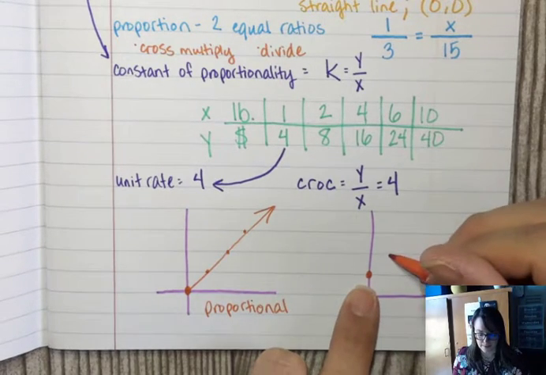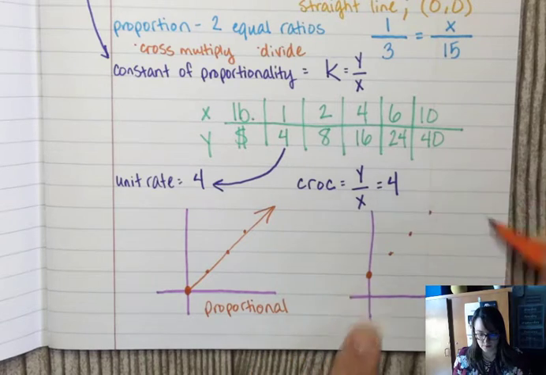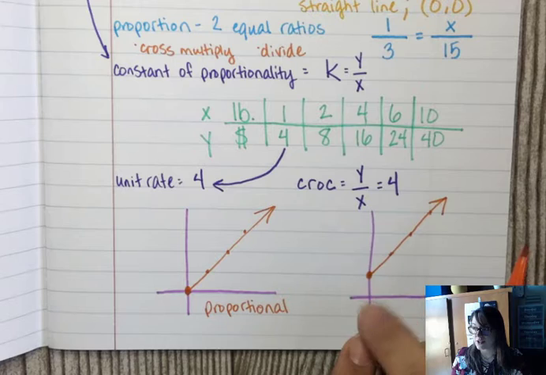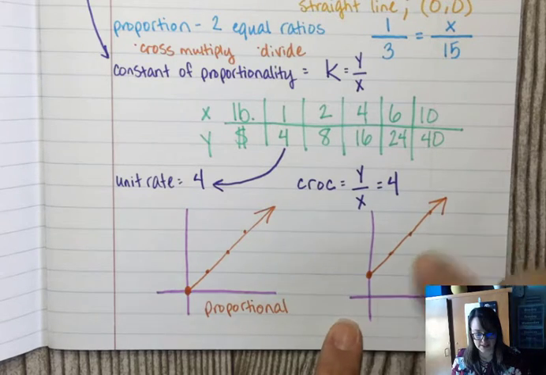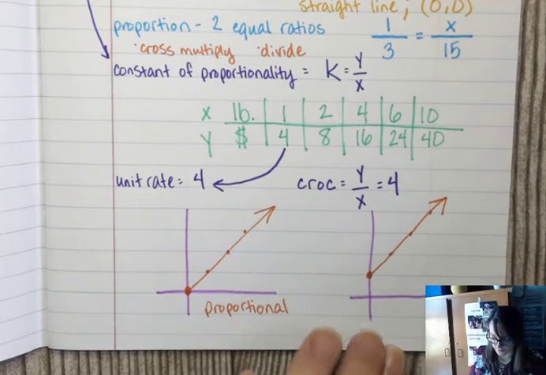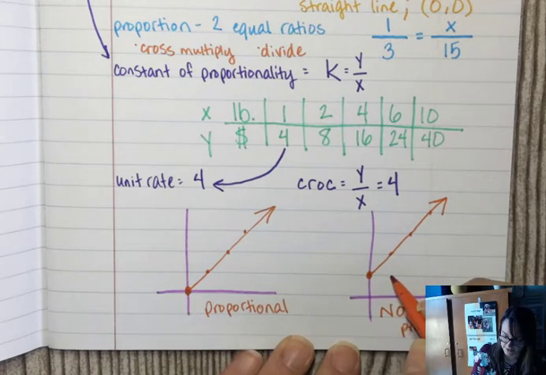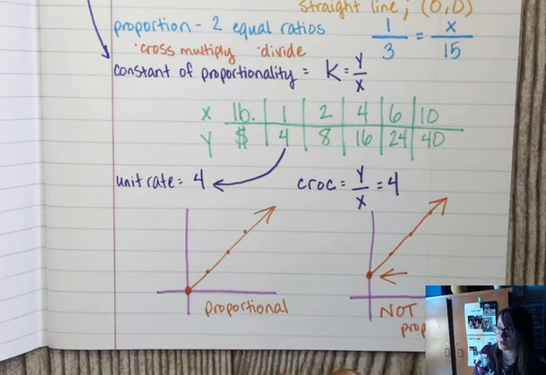But then if I bought something, then it goes up. So this one is straight, but it didn't start at 0, 0. So is this proportional? No. Not proportional. Because it did not go through 0, 0.